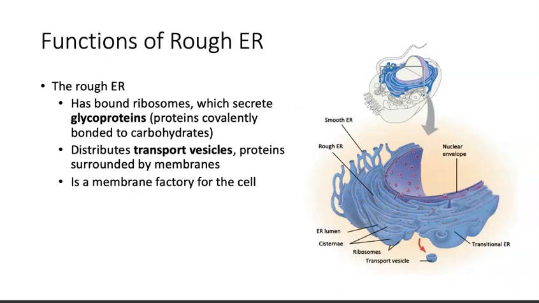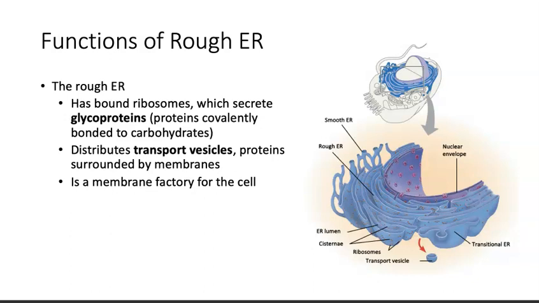The rough endoplasmic reticulum has those ribosomes, right? And those bound ribosomes make and send out, or the word here is secrete, things called glycoproteins. And glycoproteins are any protein that is covalently bonded to a carbohydrate.